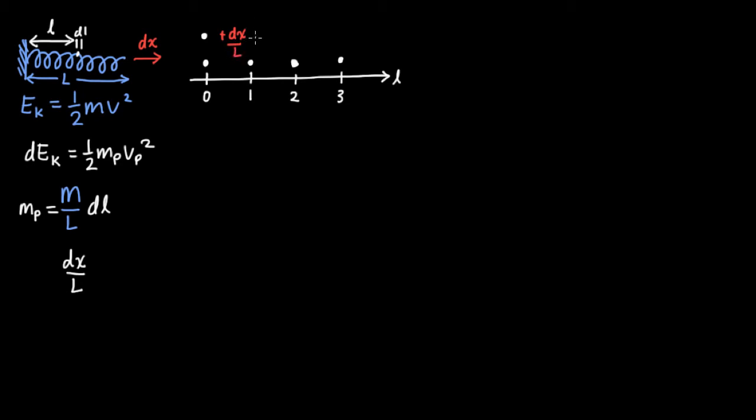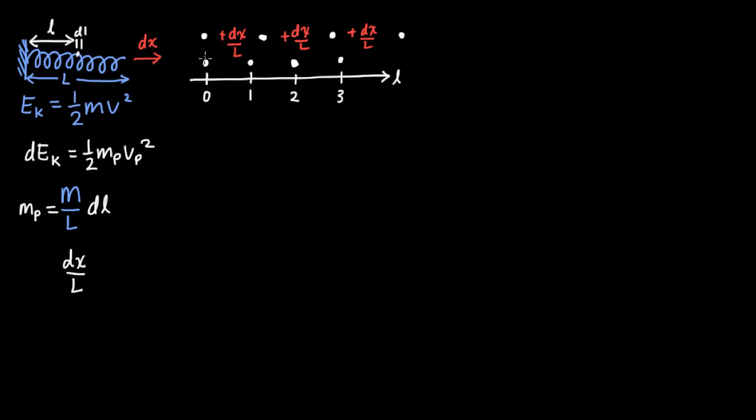So the new location of point 1 is a little further to the right. The distance between point 1 and point 2 has also increased dx over L. So point 2's location is now over here. And the distance between point 2 and 3 has also increased dx over L. And its new location is over here.